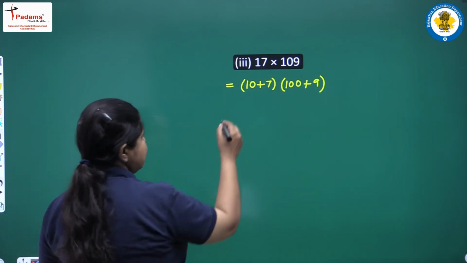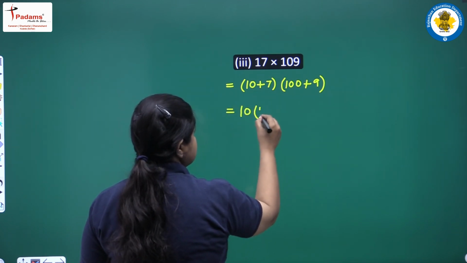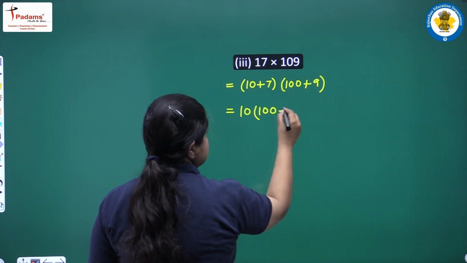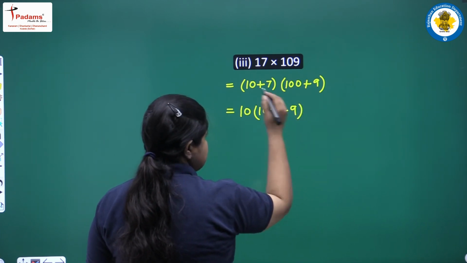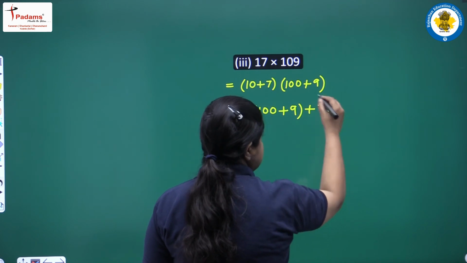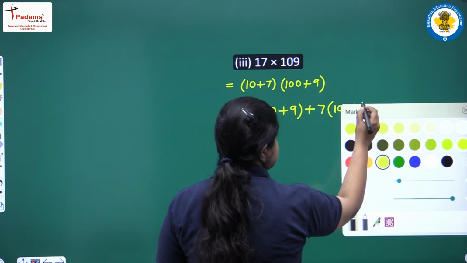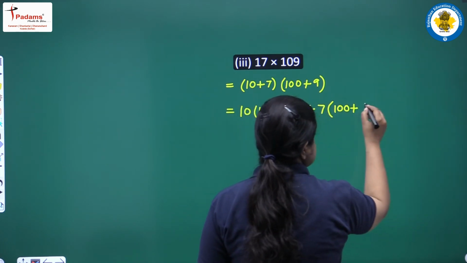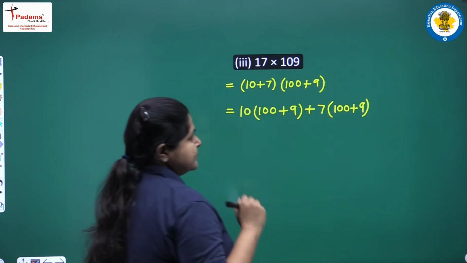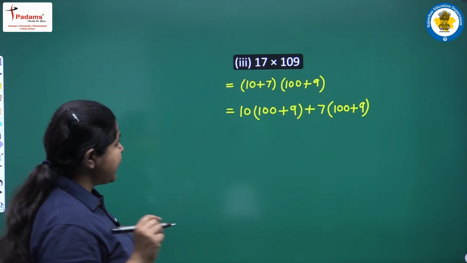First we will take the first term 10 and write the second bracket 100 plus 9. Then we will take again the second term plus 7 and again write the second bracket 100 plus 9. Is it clear? This step is important and it should be clear in your mind.